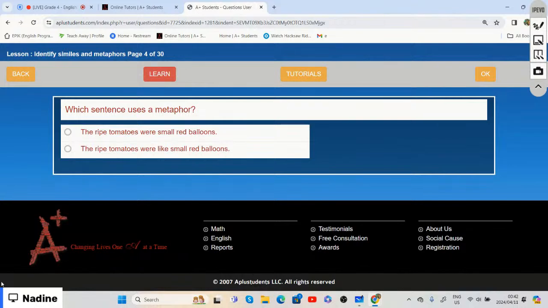Is it the first option? If we were to say which one is a metaphor, it's the first one: the ripe tomatoes were small red balloons.